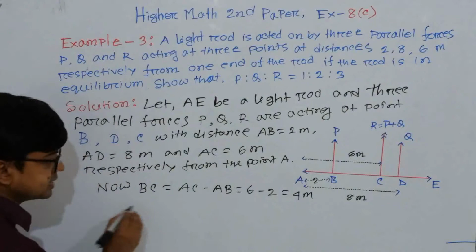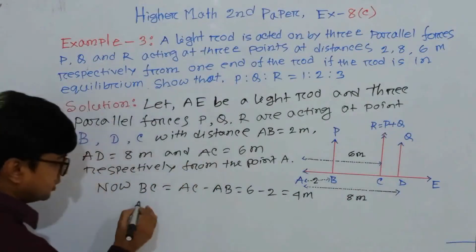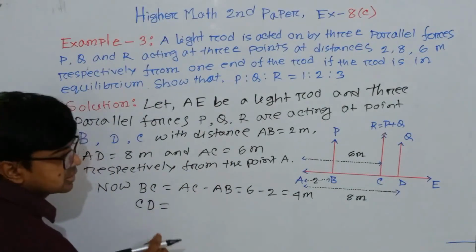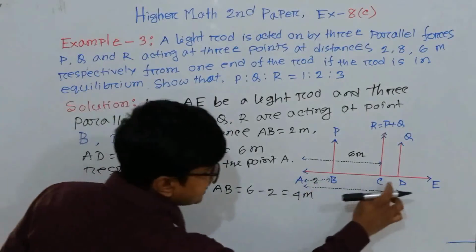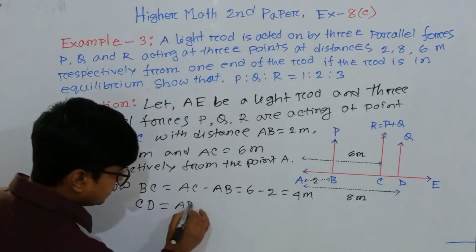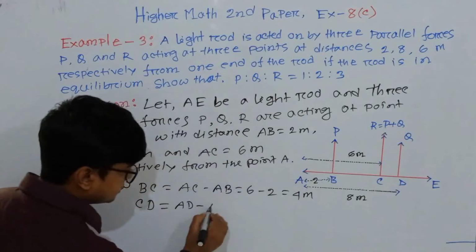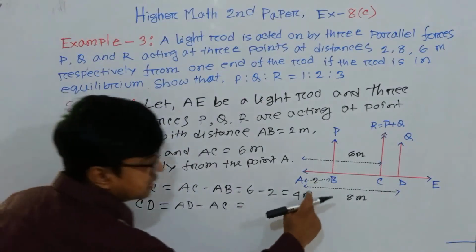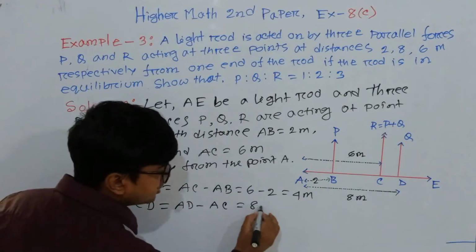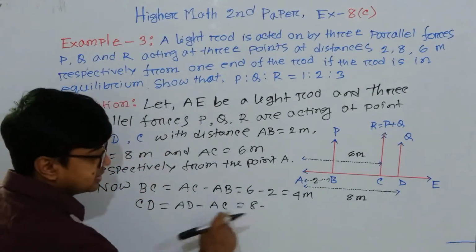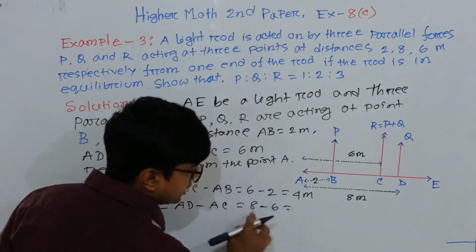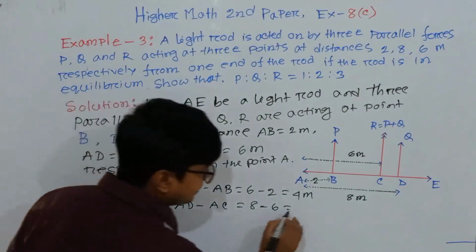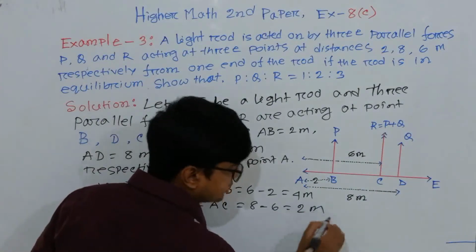And another one is CD equals AD minus AC. Here AD equals 8 meters and AC equals 6 meters, so 8 minus 6, it will be 2 meters.